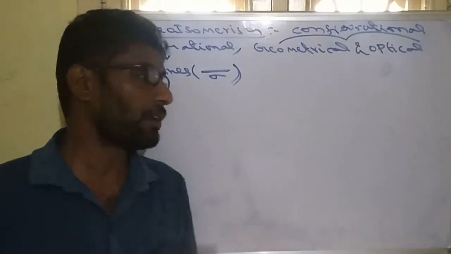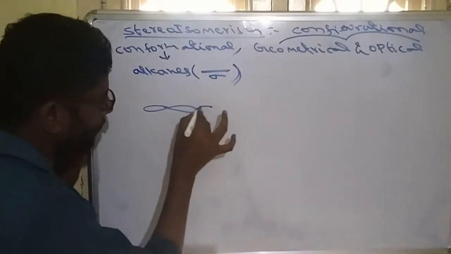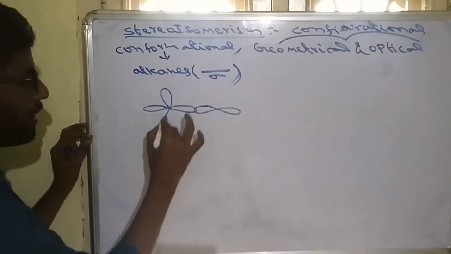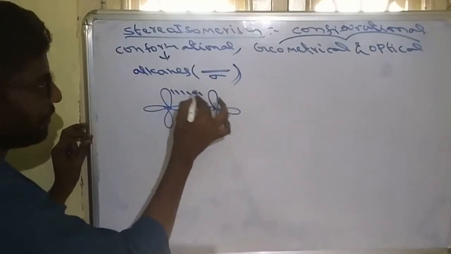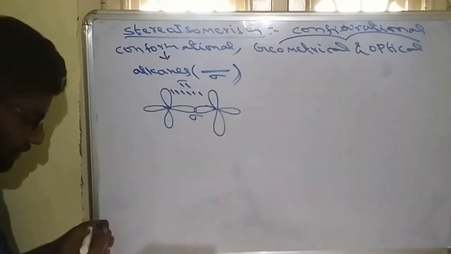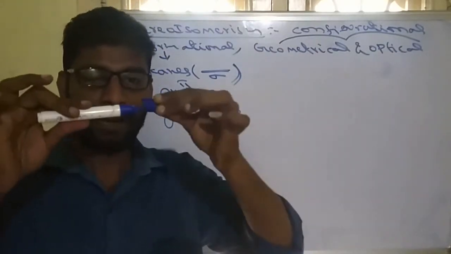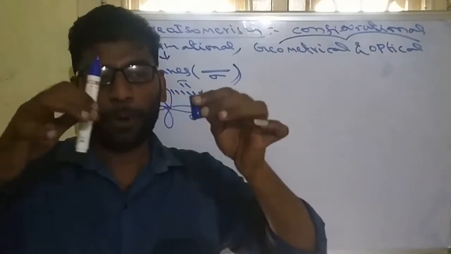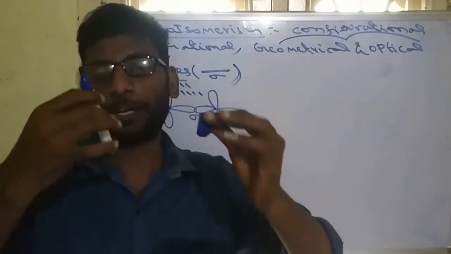Why does it rotate freely? We all know that a sigma bond is formed by end-to-end overlapping like this. So this is the sigma bond, whereas the pi bond is formed by sidewise overlapping like this. So this is the pi bond, whereas this is the sigma bond. We know that sigma is a strong bond, so due to this end overlapping, it can rotate freely. But the pi bond is sidewise, so when flipping, it would break.